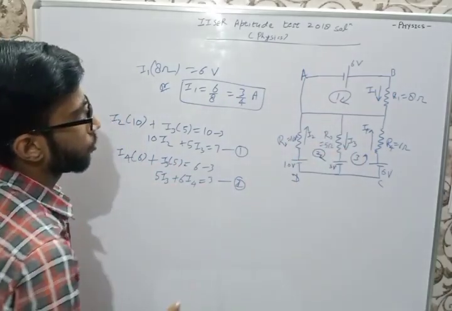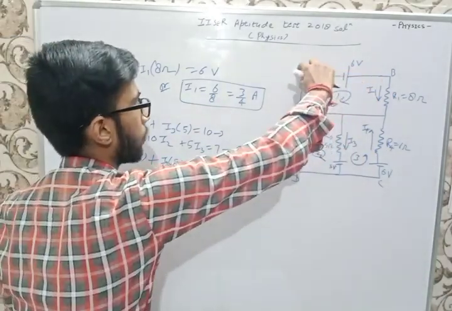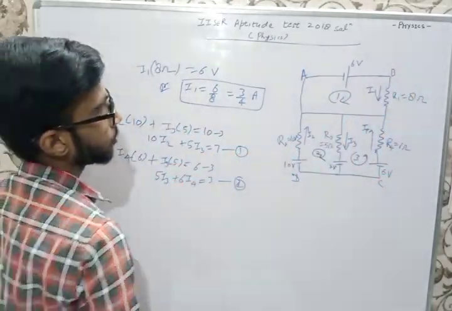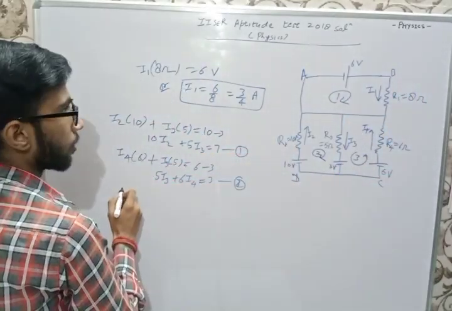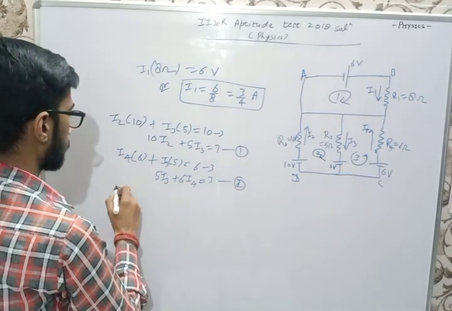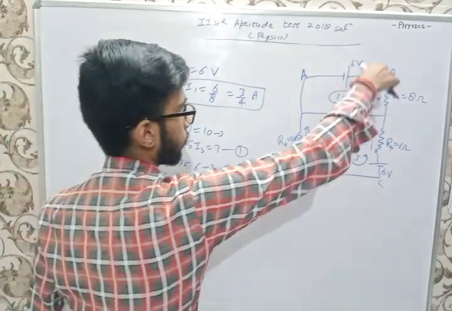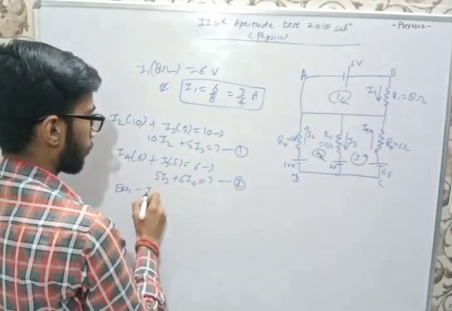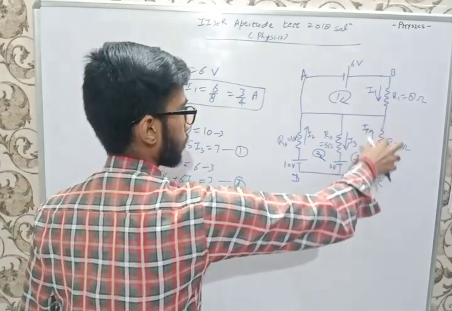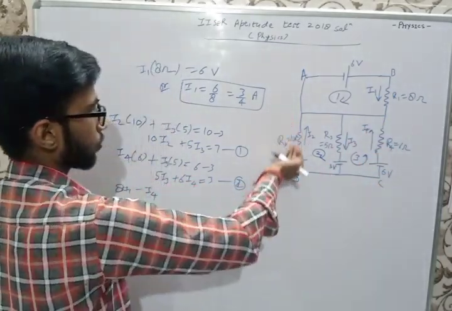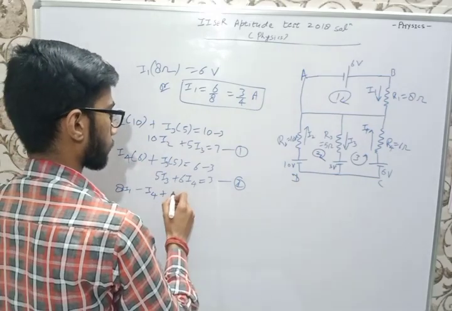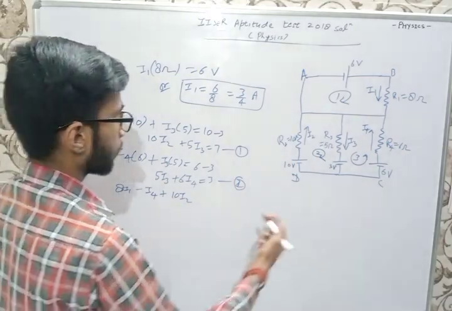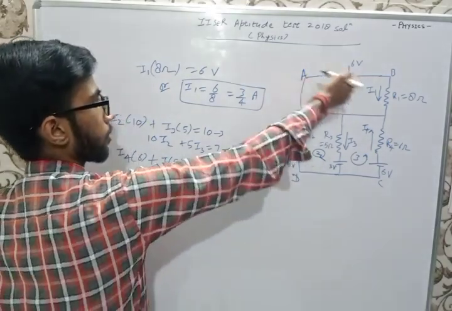I go from A to B, then B to C. For the path B to C, it is I1 times 8, and I am going here, and the current is in the opposite direction, so it is negative I4, and I go here, and then it is positive, so positive 10 I2, and then it comes back.